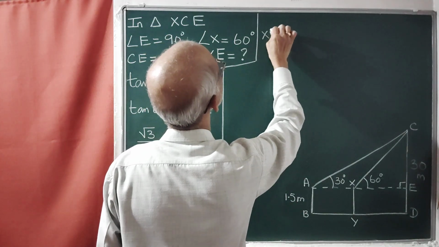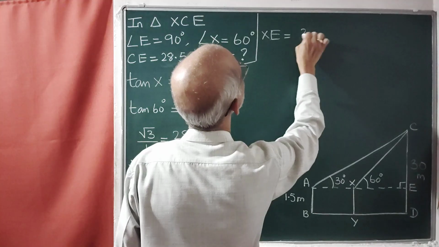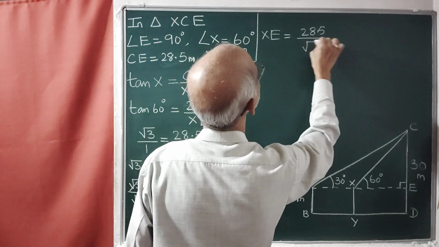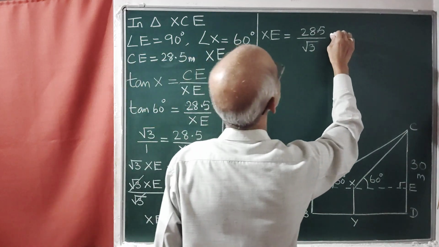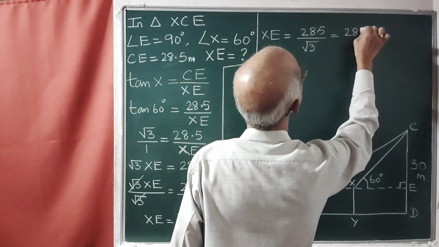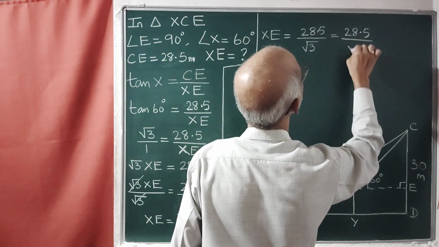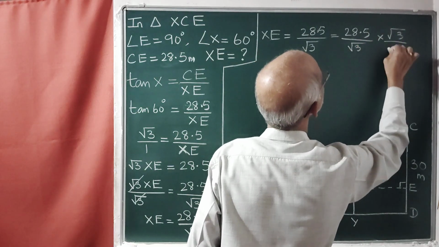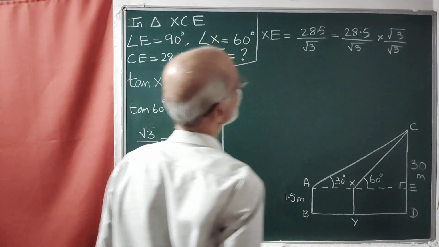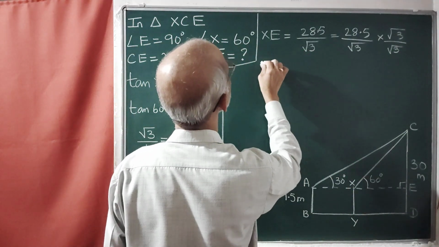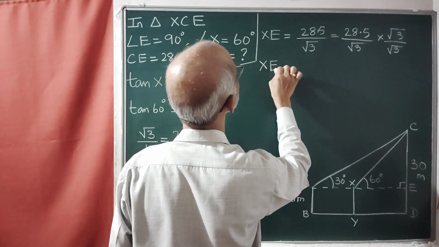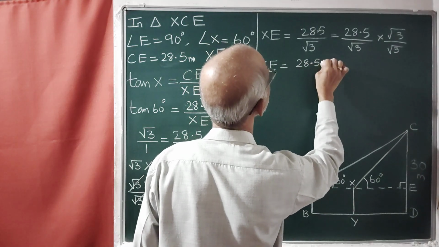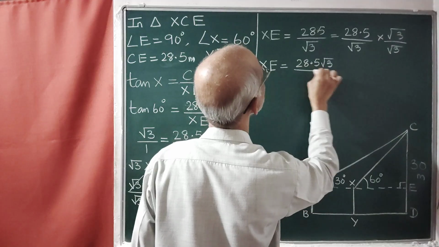XC is equal to 28.5 by root 3. That's equal to 28.5 by root 3 into root 3 by root 3. So XC will be equal to 28.5 root 3 by 3.